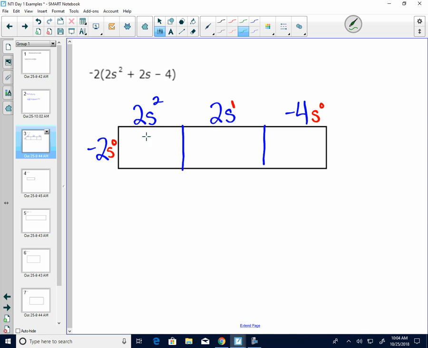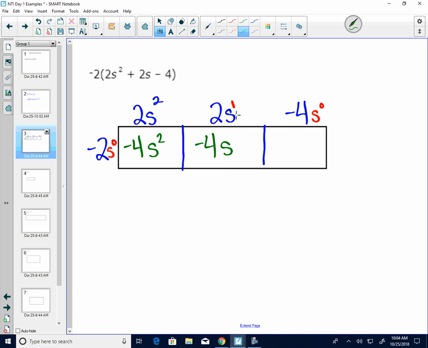So when I start looking at this, negative 2 times 2 is negative 4. S to the 0 power times s squared is s squared, because 0 plus 2 is 2. Negative 2 times 2 is negative 4. S to the 0 times s to the first is still s to the first, because 0 plus 1 is 1.